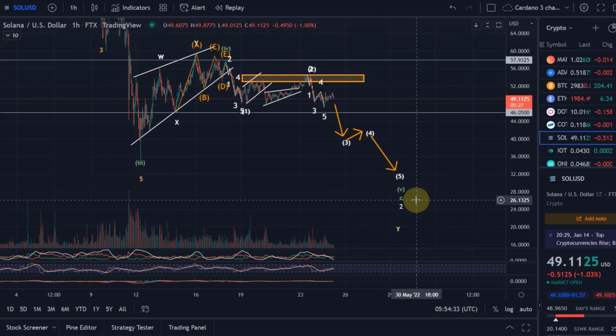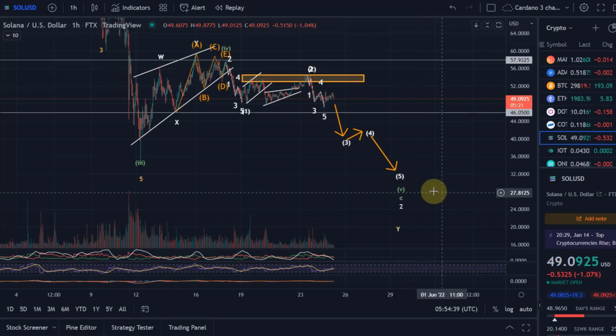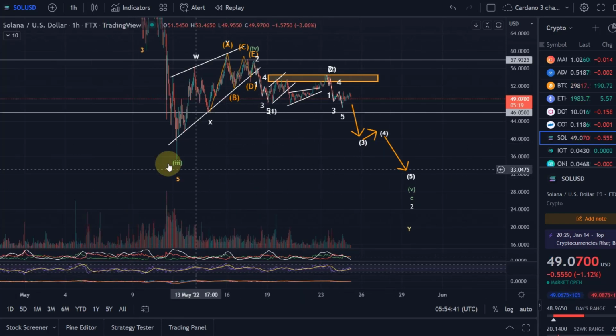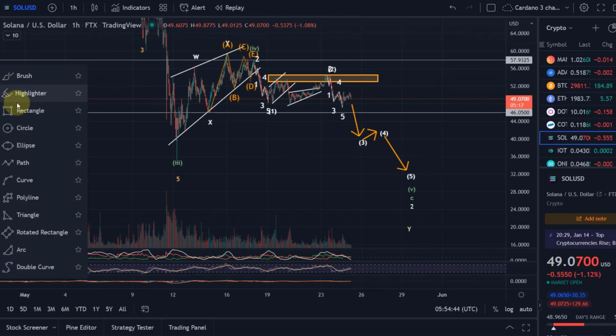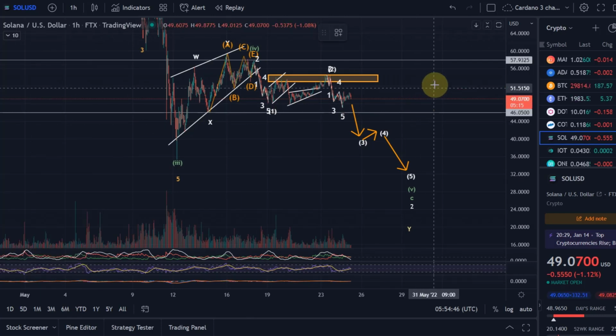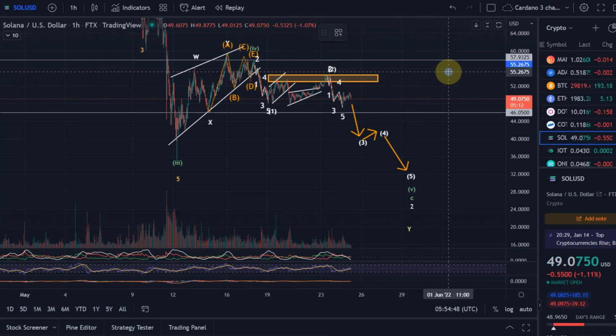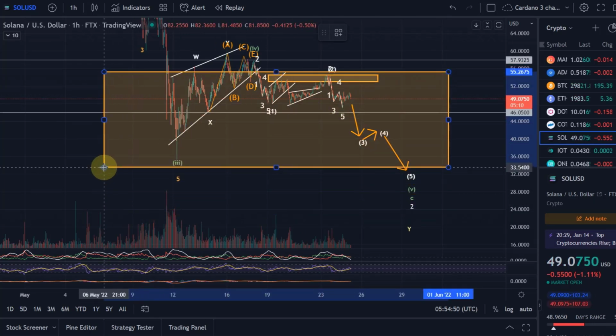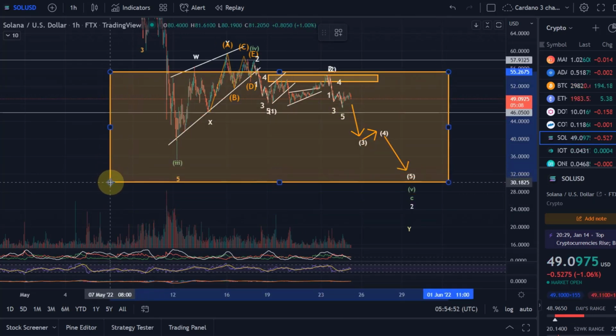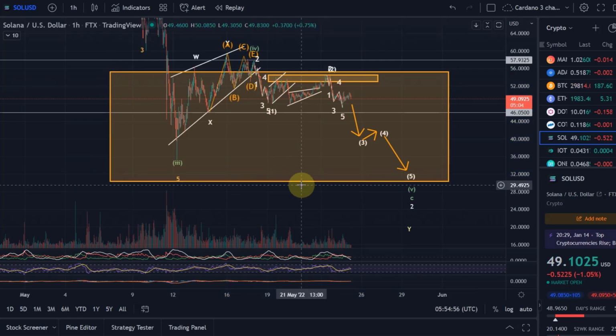Now, as I said in the Bitcoin and the Cardano video, we technically don't really need it, because Solana has come into its main target range, which is actually between $55, which started up here, and goes down to $30. So this is for this overall correction in which we've now been in since November, is it?